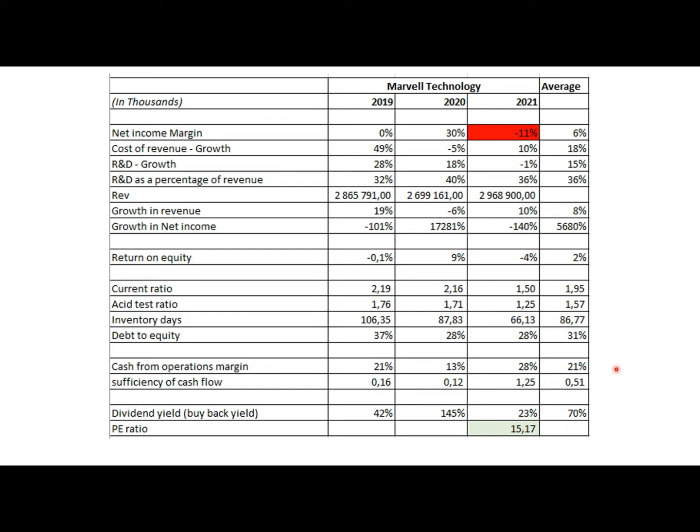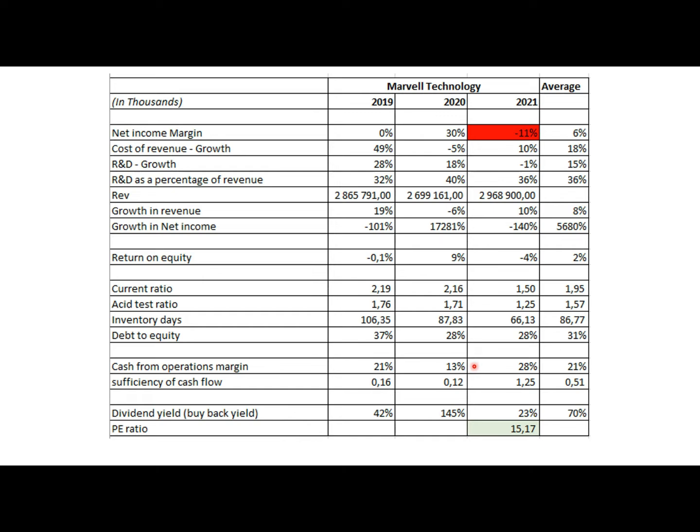This ratio indicates that Marvell in 2021 can convert 28% of its revenue into cash. So it does highlight Marvell's cash generating effectiveness. The fact that the business model generates cash from its operations is a very good sign. It's a cash generating entity.